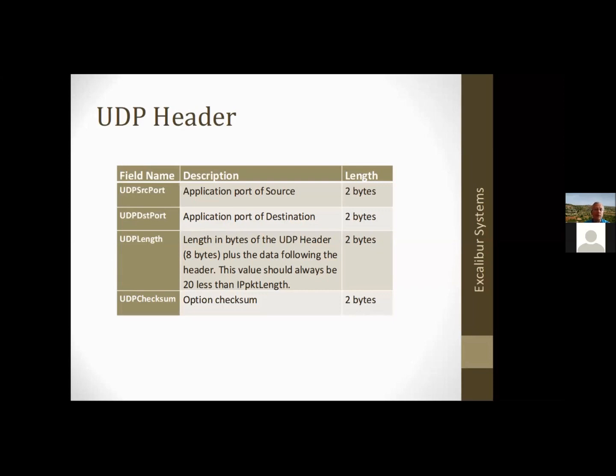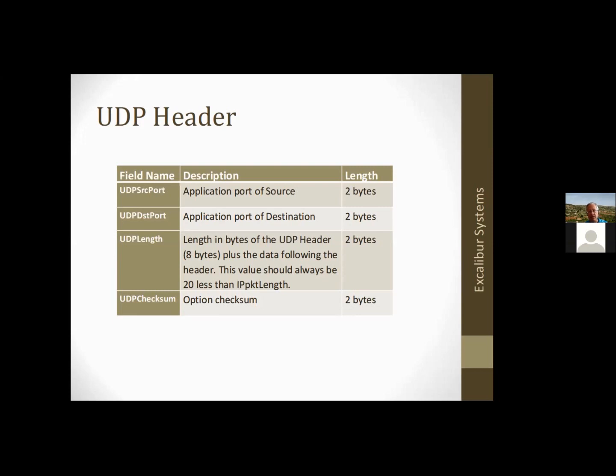And that's done through a UDP source port and destination port, which essentially is the parallel of the MAC address and the IP address. But because it's not really an address, because I'm already on the computer, we call it a port. Then we have a UDP length, and the UDP length is the same concept as the IP length.